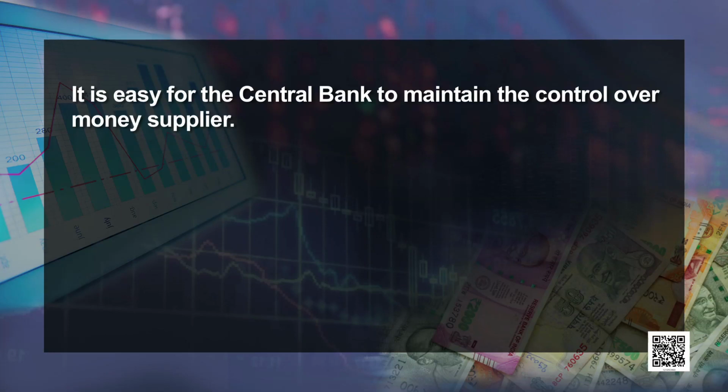Because the currency note is only printed by the Reserve Bank of India, that is the central bank, it creates a uniformity of currency. The second reason why monopoly rights are given to the central bank is because it is easier for the central bank to maintain control over the money supply. Because there is a single authority printing currency, the money supply can be easily controlled.